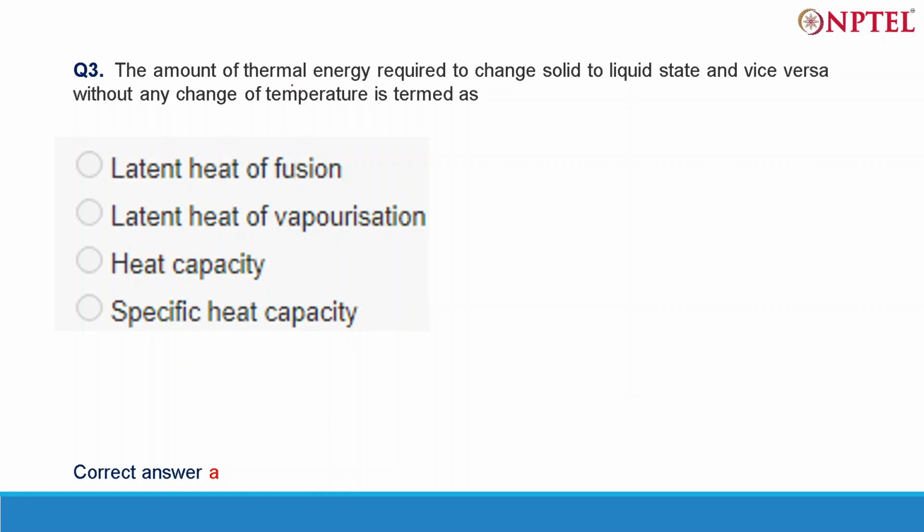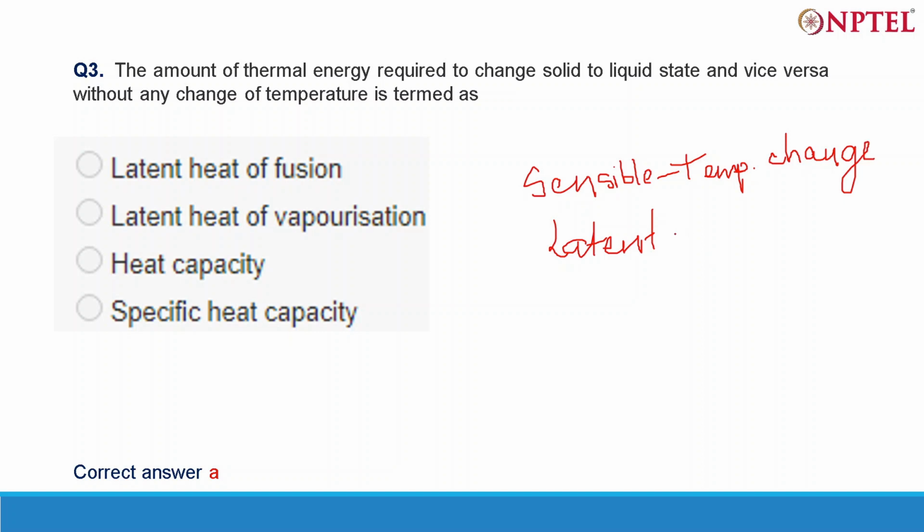The amount of thermal energy required to change solid to liquid state and vice versa without any change of temperature is termed as... So basically there are two heats: sensible heat, then there is latent heat. Sensible heat is related to temperature change, and latent heat is related to phase change.